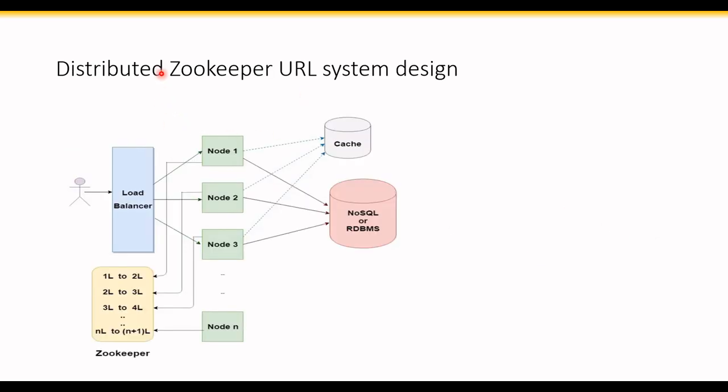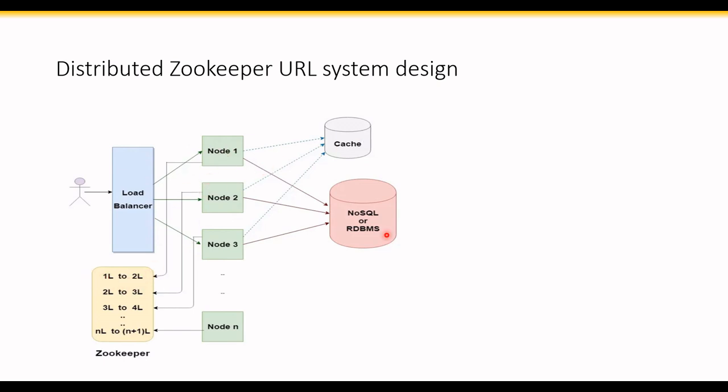So the best possible solution is to use a distributed system, that is ZooKeeper, which acts as a controller of multiple counters. Every time an app server approaches ZooKeeper, it maintains a unique ID for each app server and always assigns a unique counter range to them.